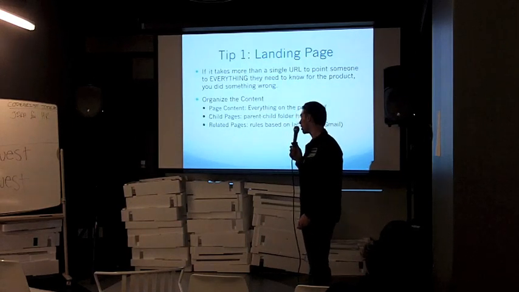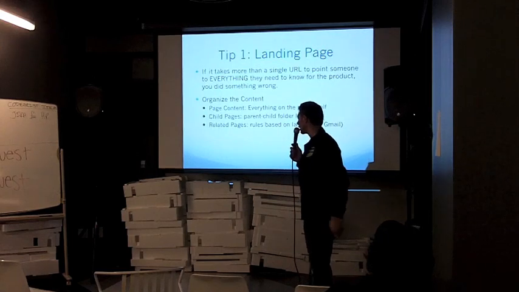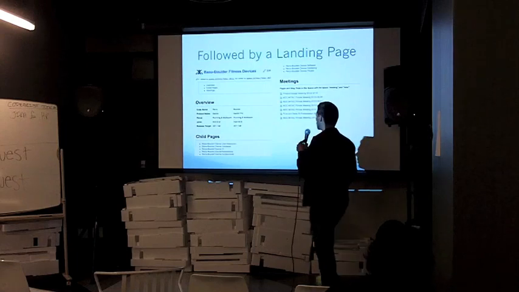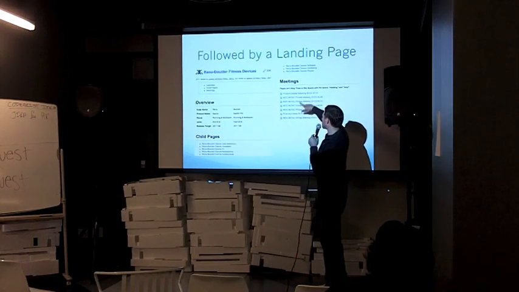So those follow a traditional folder hierarchy. And then the third one is probably a little bit lesser used, which is what I'll call related pages. And related pages, if I go backwards, these are all child pages right here, but these ones live elsewhere.